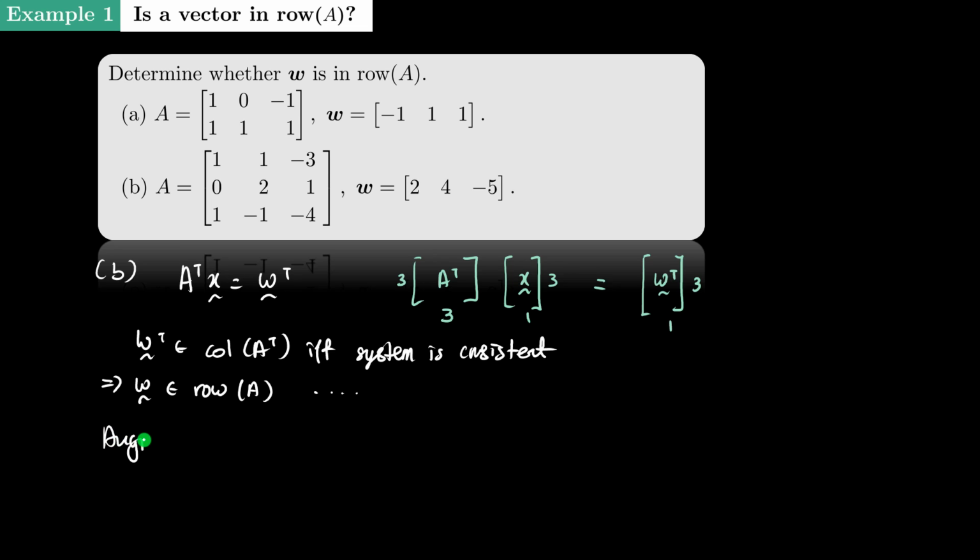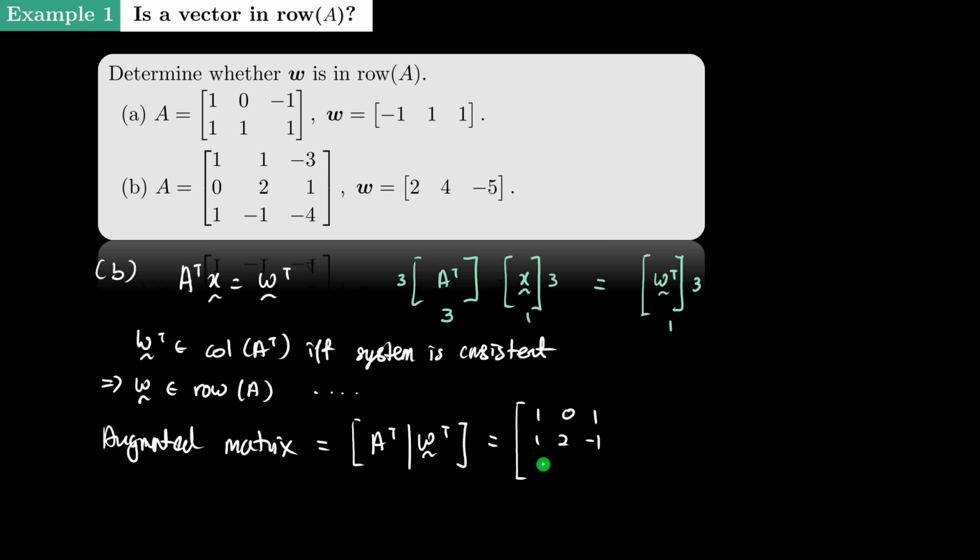So in this case, the augmented matrix is equal to A transpose augmented by W transpose, and this is equal to 1, 0, 1, 1, 2, minus 1, minus 3, 1, minus 4, augmented by 2, 4, minus 5.